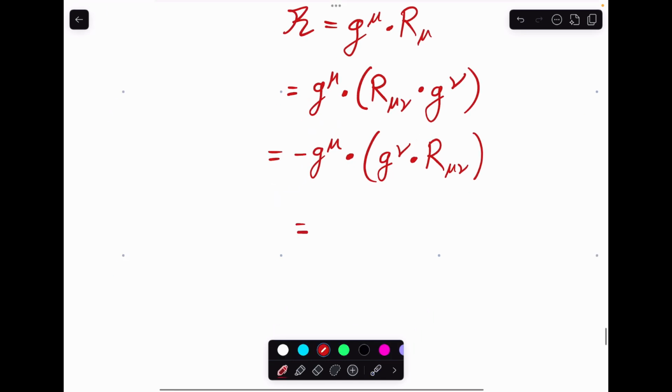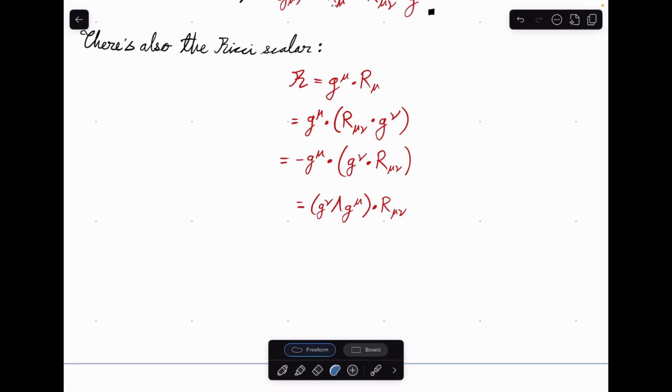And so we end up with G nu wedge G mu dotted with R mu nu. And so you can express the Ricci scalar as the inner product of the Ricci vector and a coordinate basis, or you can do that with the coordinate bivector basis dotted with the Riemann bivector.